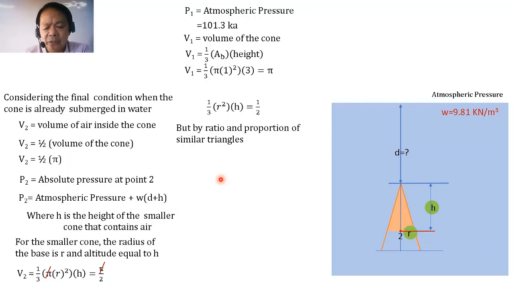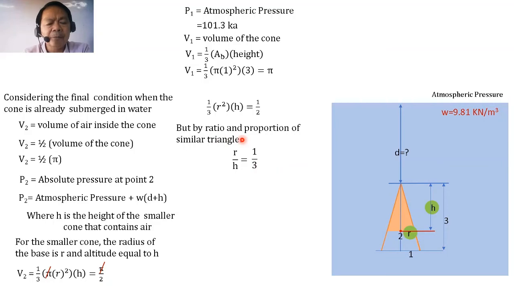At makikita natin dito, itong triangle na malaki, mayroong radius na 1 at may height naman na equal sa 3, given yan. So, using the ratio and proportion, masabi natin that the ratio of R to H, representing the radius of the smaller to the height of the smaller, is proportional to the radius of the larger, which is 1, to the height of the larger, 3.